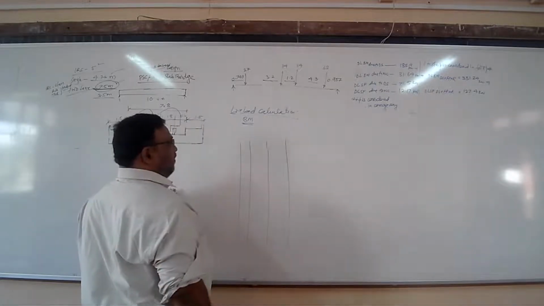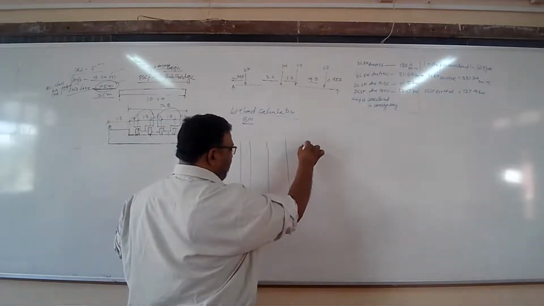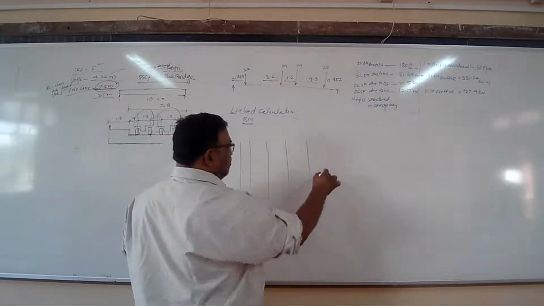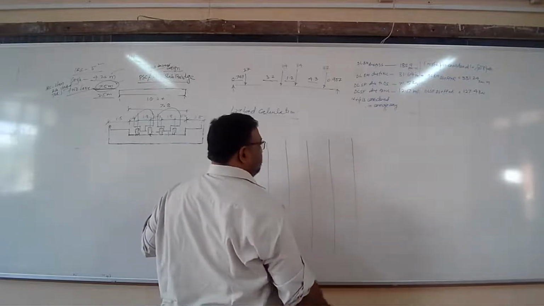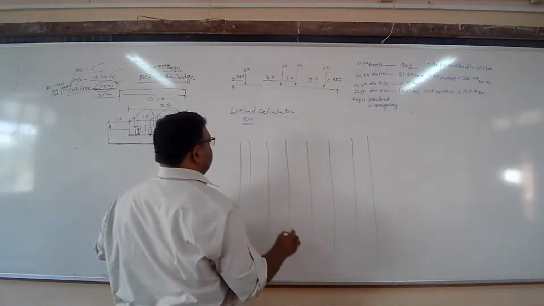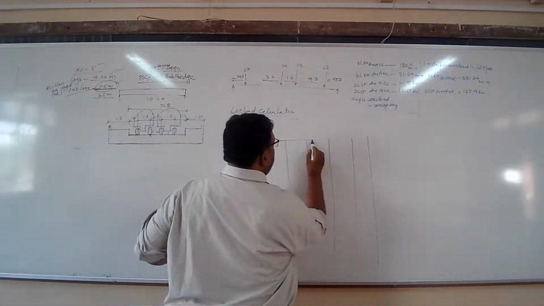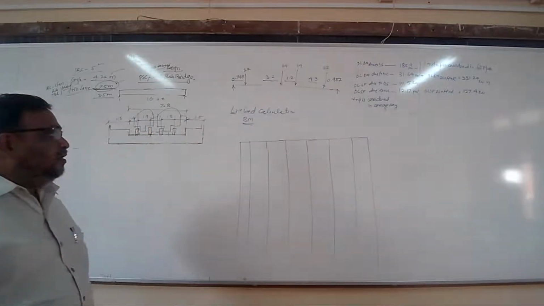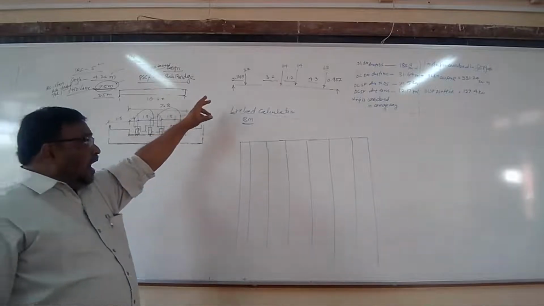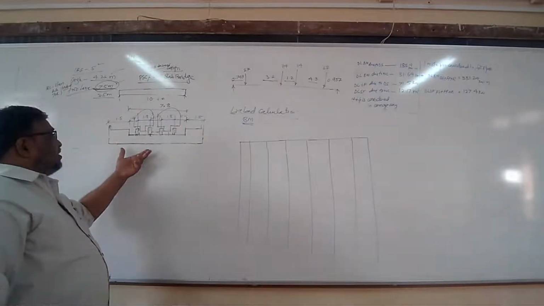Here is the second line of wheels. Then this second vehicle, second line. Then this curb, this footpath. Okay. Now look, I am sketching the position of the vehicle along the span and across the span.